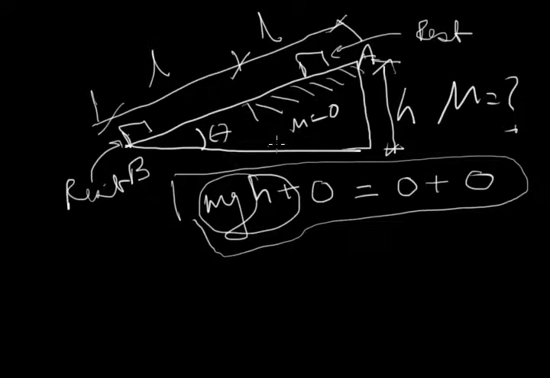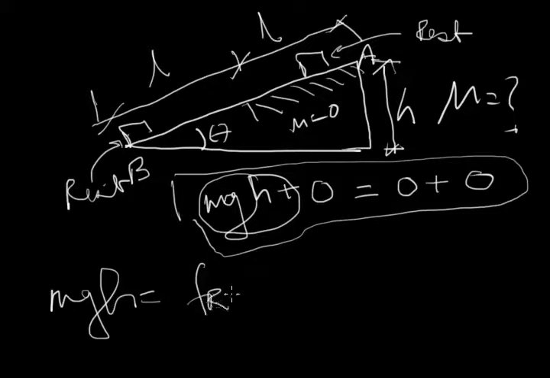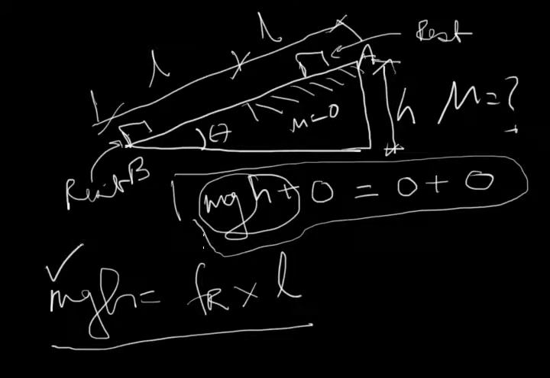So where should it have gone? We are suggesting here that this energy has got converted to the work done by the friction force. So that is the essence of the work energy theorem. This energy actually got used up by the work done by friction.